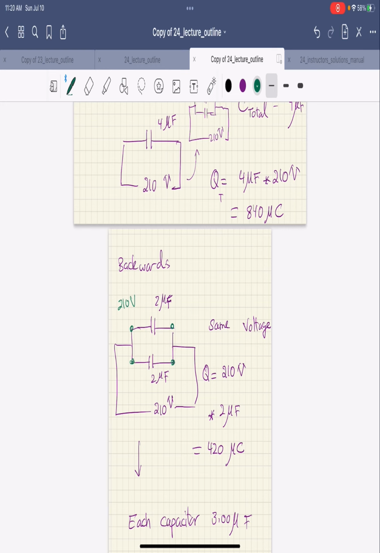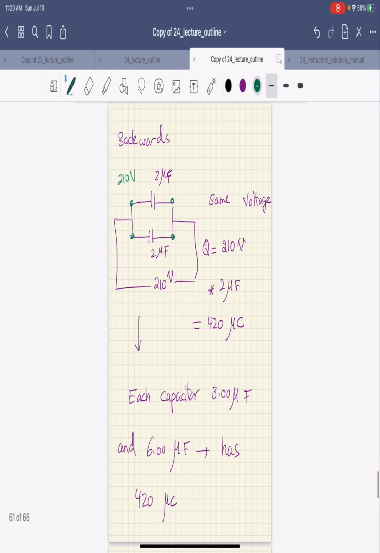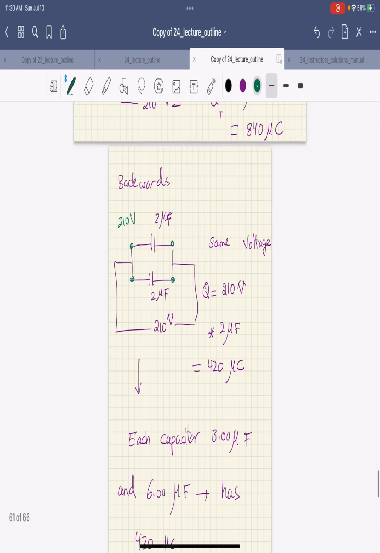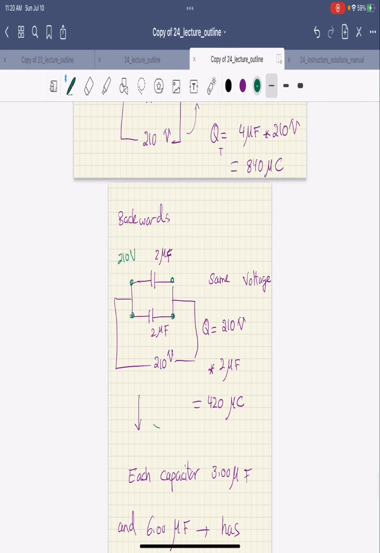Remember, you might have different capacitors, but in this problem here, it's easier because we have the same, okay? But each time if you have two different values, then you're going to calculate the Q here, you're going to calculate the Q here. Now each capacitor, and now again going back to the arrangement where we have this.